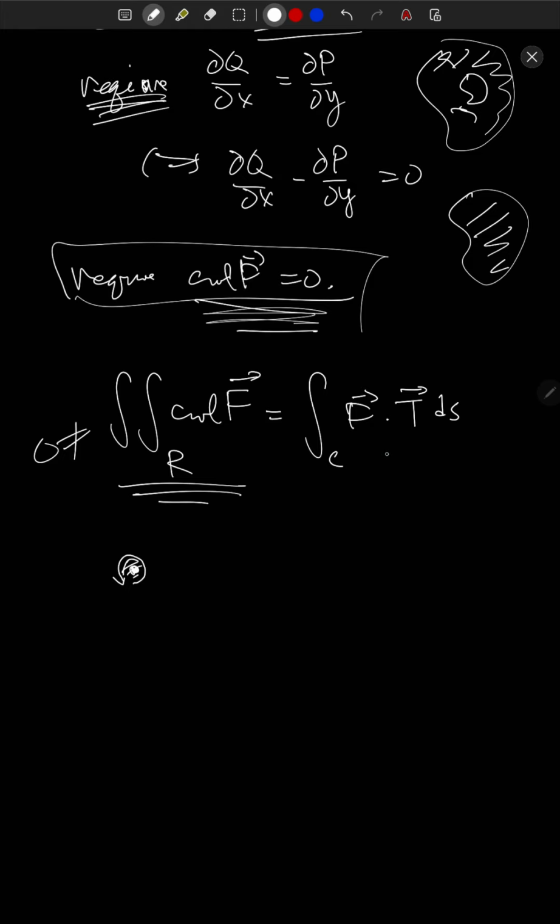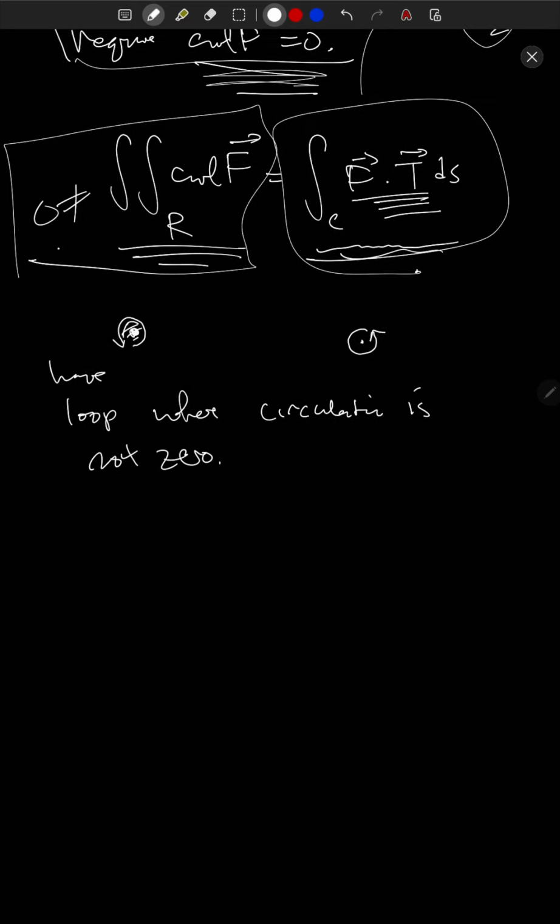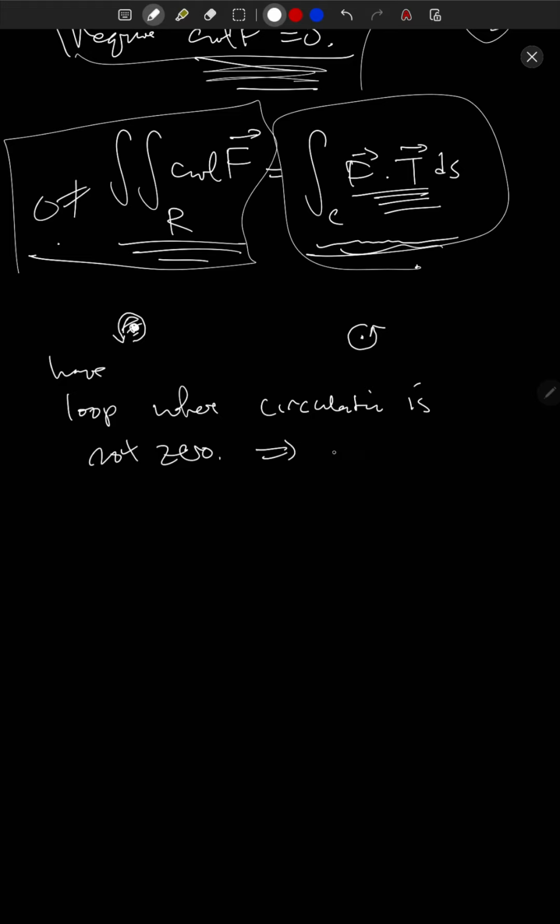What that means is you have a closed loop, this tiny little loop, where the circulation is not 0. Because the left-hand side is not 0, the right-hand side is not 0, so we have a loop where circulation is not 0. Well, that means f can't be conservative.